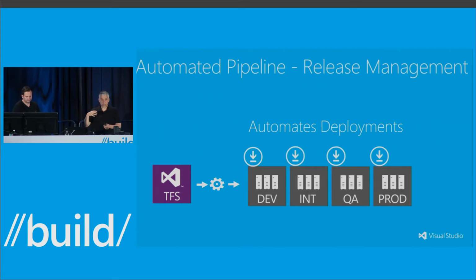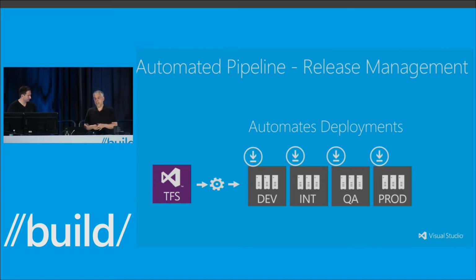So when we're looking at the pipeline and release management, it's available on-prem and on Visual Studio Online. Basically, what we're doing is we're building our app once, and we're deploying to all the stages one after the other in succession. What we want to do is build once, deploy many times. And what you do in RM is you set, for every stage or environment, a series of actions or tasks that you want to accomplish.